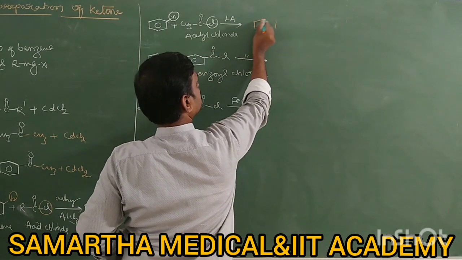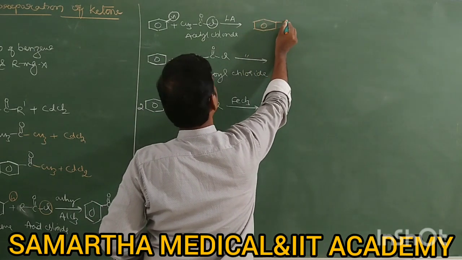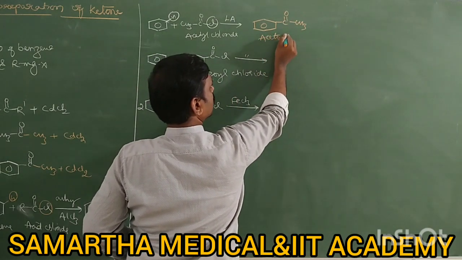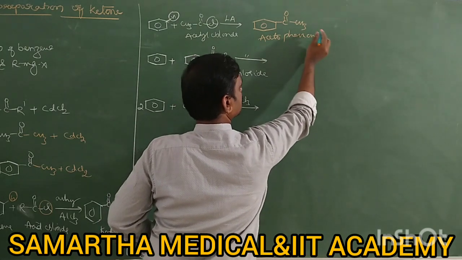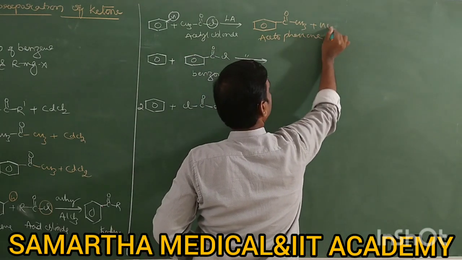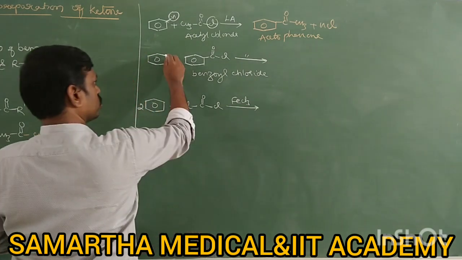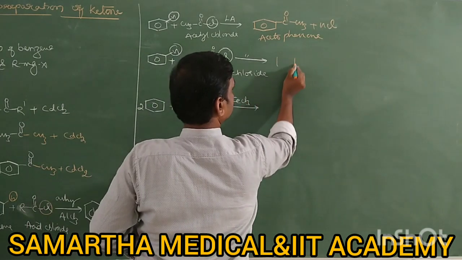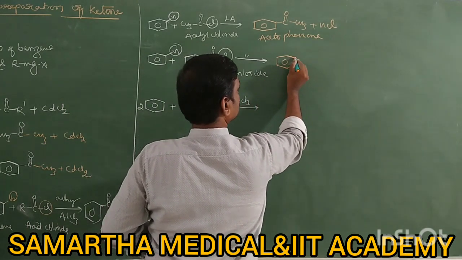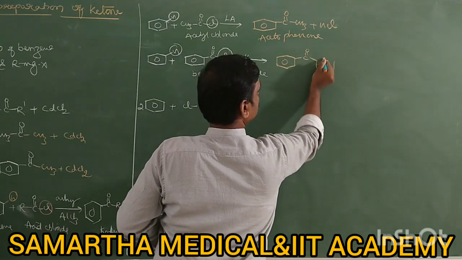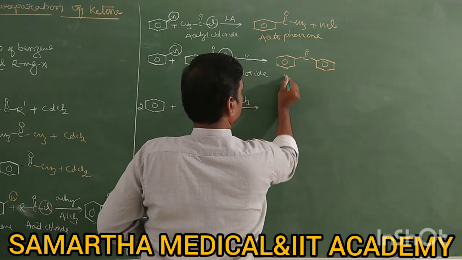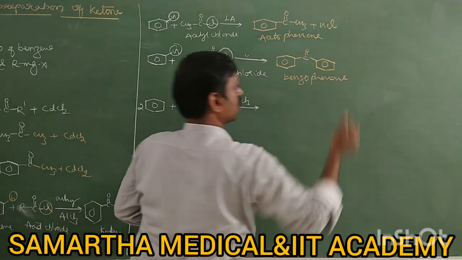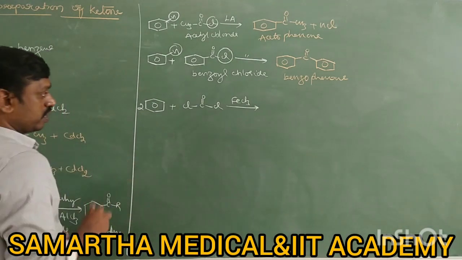The product is acetophenone. Names are also important. Plus HCl. Here also it is the same, HCl is formed. The product is called benzophenone. Benzophenone.